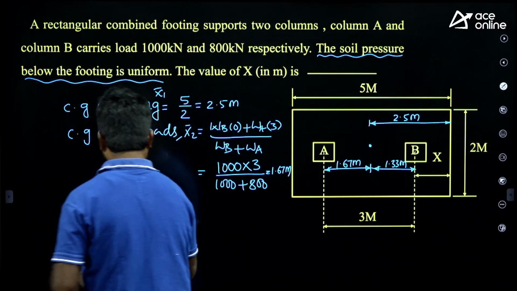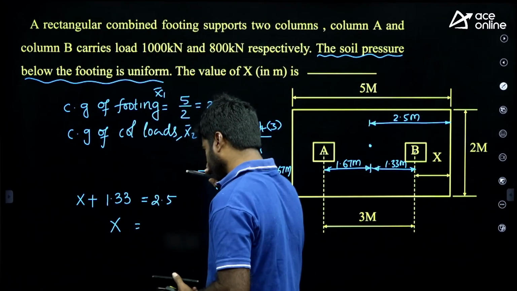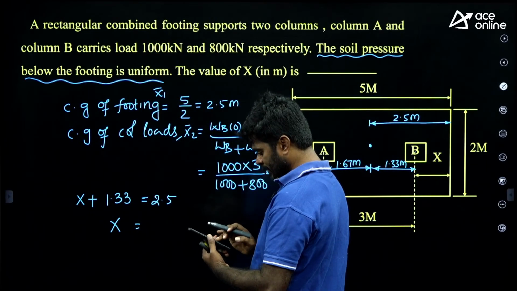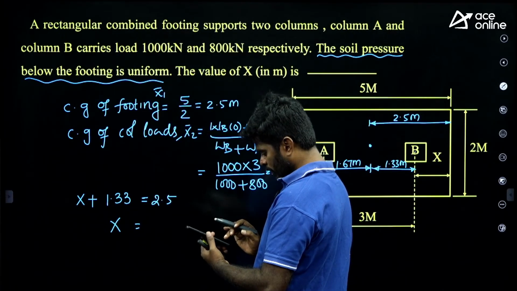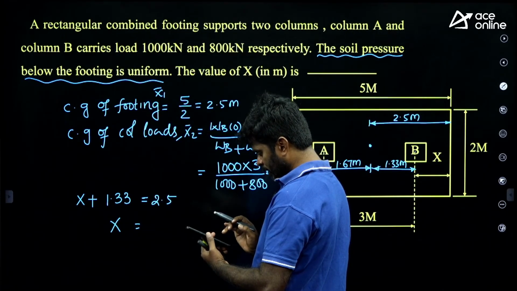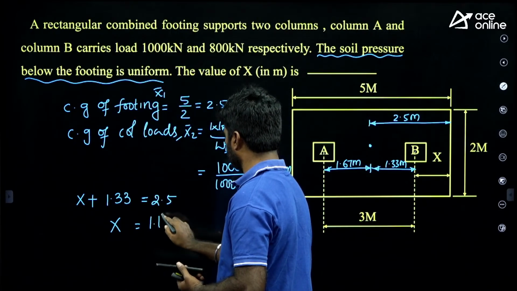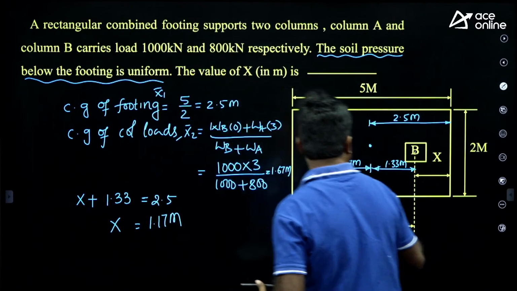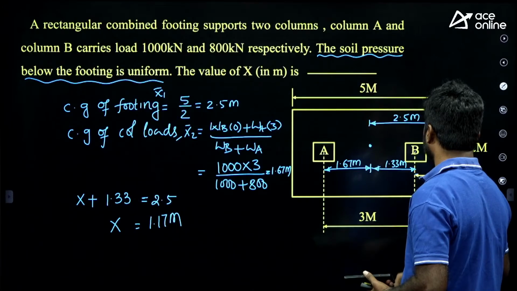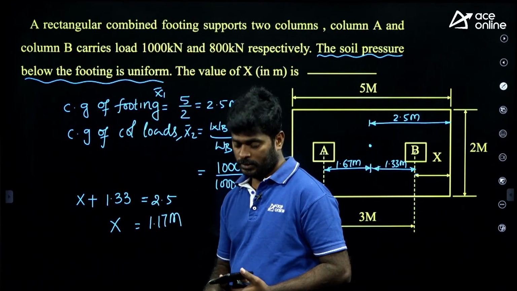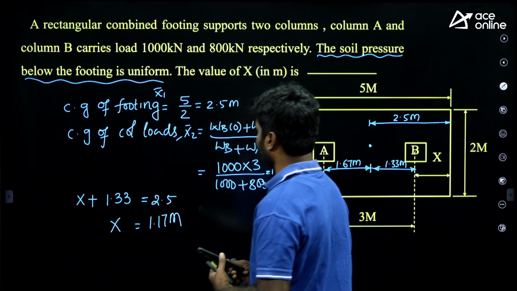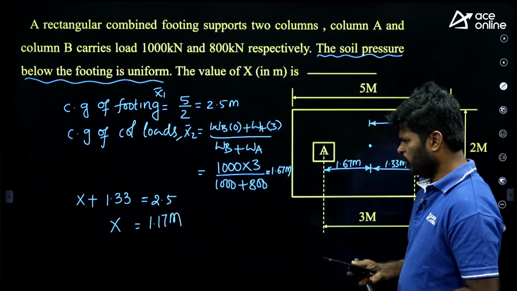Right. So what is the value of X? 2.5 minus 1.33 is 1.17 meter. So the X value from here to here is 1.17 meter. Okay? Right? Good question. Okay. Moving to next.